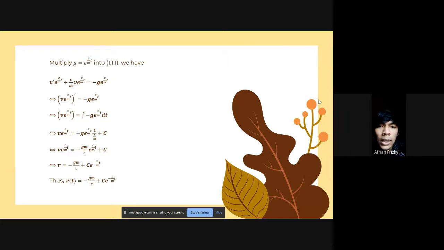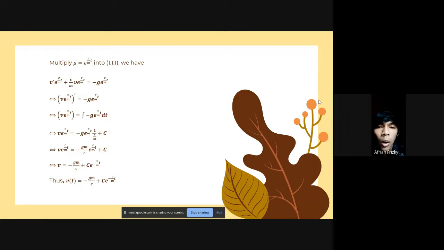And then we integrate both sides. On the left side we get v times exponential of c over m t, and the right side is equal to the integral of minus g times exponential of c over m t dt. As the result of the integration, we get minus g times exponential of c over m t times 1 over c over m, plus C, where C is the constant.